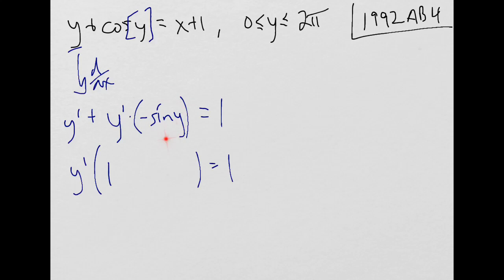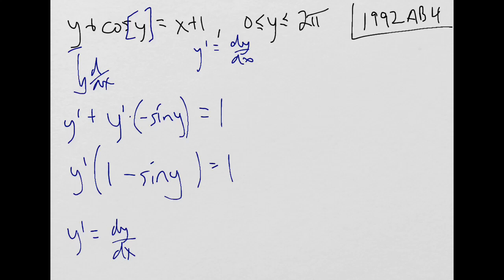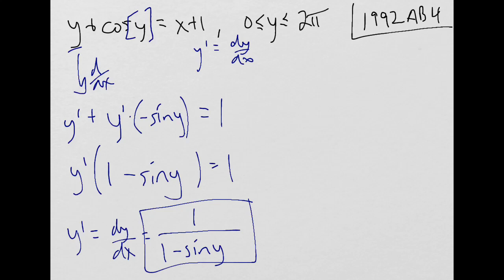I've already got it written out, the minus sine y. So I get 1 minus sine y. And I'll just point out when I say y prime, I mean dy/dx. So if I divide by the parentheses, y prime, which is dy/dx, is equal to 1 over 1 minus sine of y. And that's my answer for part A.